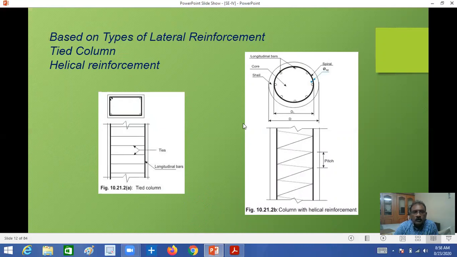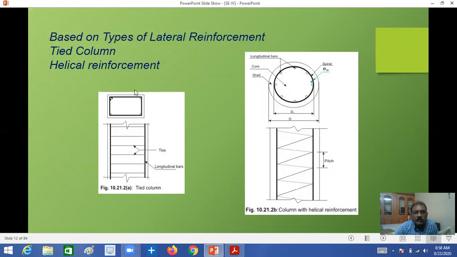If you observe this figure carefully, this is a tied column. The ties are placed at regular intervals as per IS code provisions, and they are bound to the longitudinal reinforcement like this.